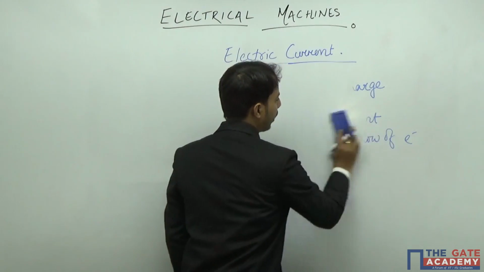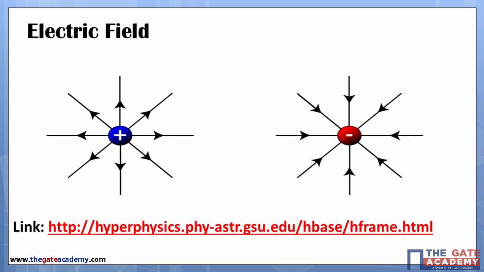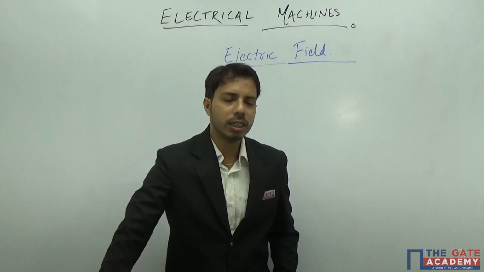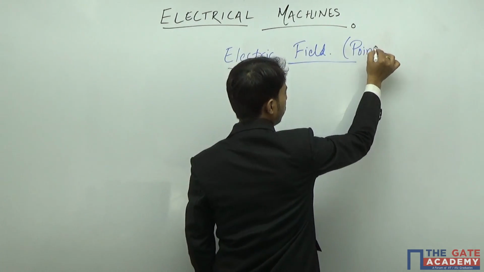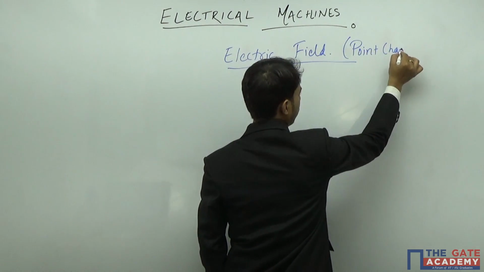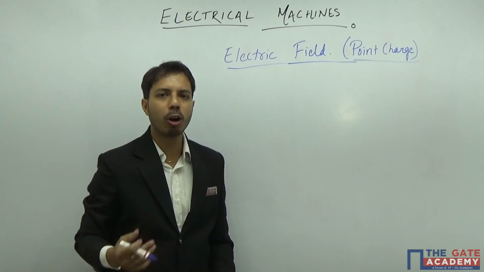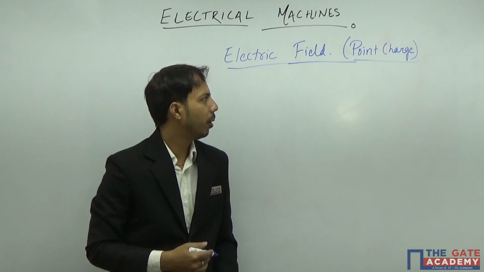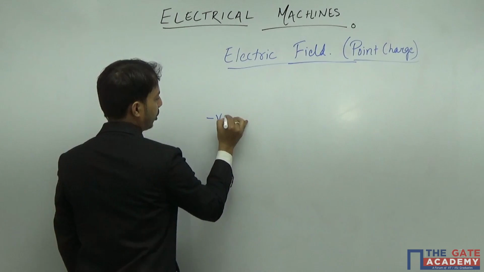The third topic, which is important, is to understand what an electric field is. Let us say the electric field for a point charge. Suppose I say that a body is positively charged or negatively charged. Let us say negatively charged first.